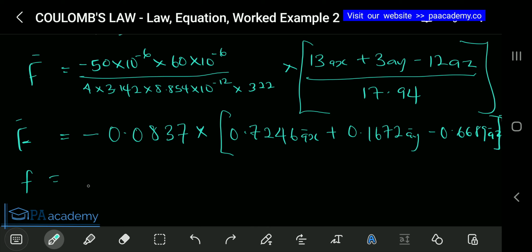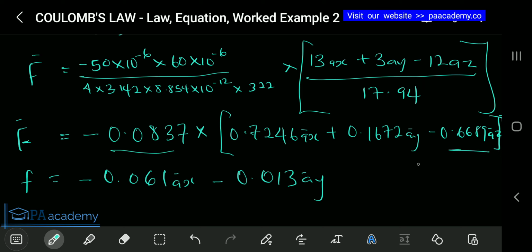Now you just use this minus 0.0837 to multiply everything inside this bracket. If you do that, you are going to get minus 0.061 AX, then minus 0.013 AY, then if you use minus 0.0837 to multiply minus 0.6689, that will give you plus 0.056 AZ.